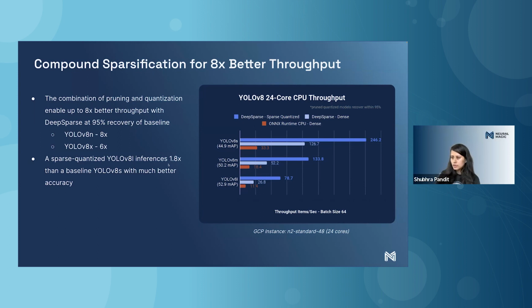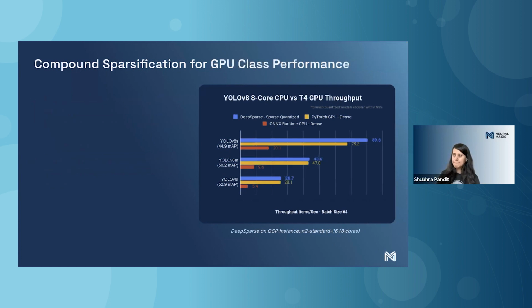And we see that the larger YOLOv8L model with the DeepSparse engine and sparse quantized is about 1.8x faster than the YOLOv8S model that we can see here. So again, a larger, more accurate model is something that you can go for instead. So those were the latency and throughput comparisons.